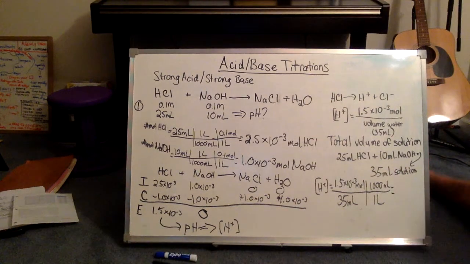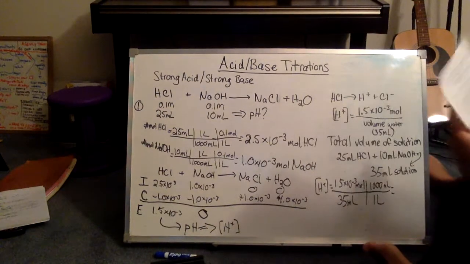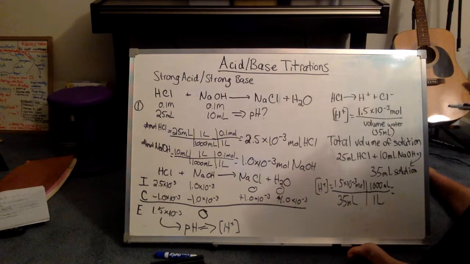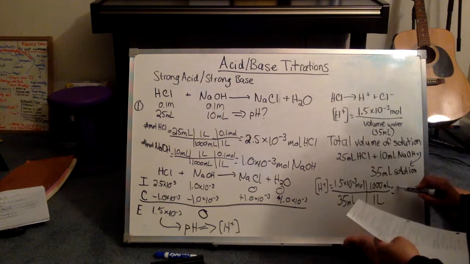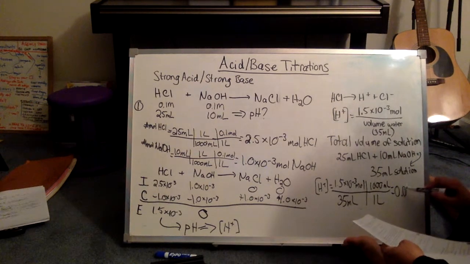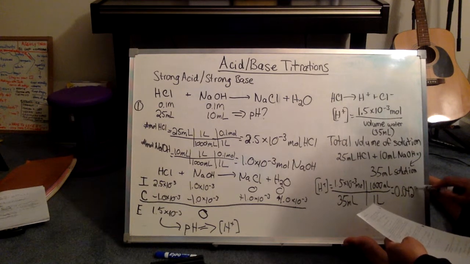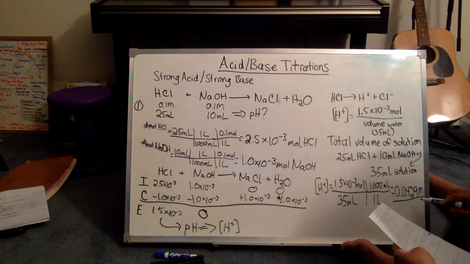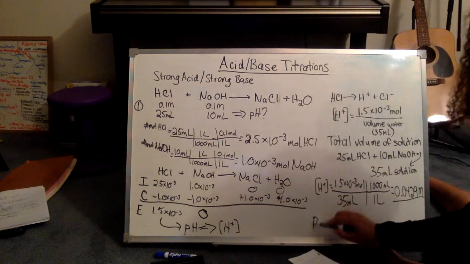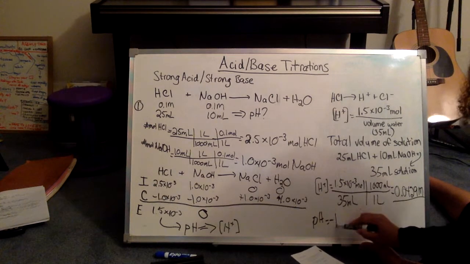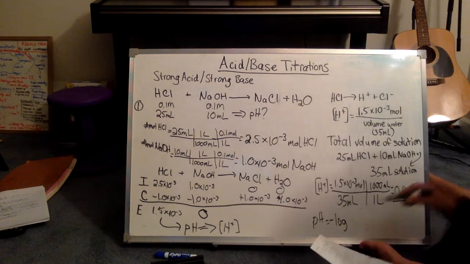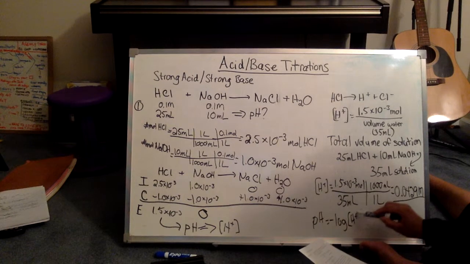Then we're going to have a molarity of protons, and that number, I think I have on hand, is 0.0429 molar. Once we have the concentration, to get the pH, all we have to do is take the negative log of this value, because we take the negative log of H plus.